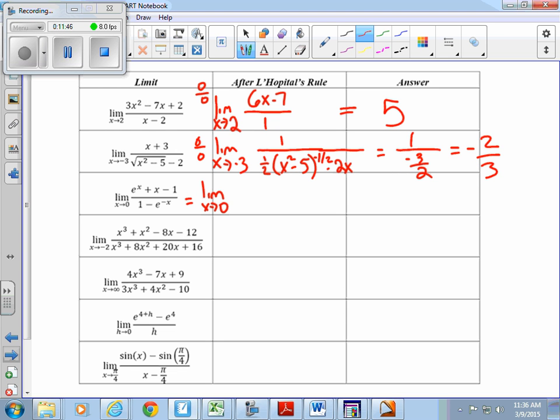Okay, on the top I get e to the x plus 1. On the bottom I get e to the negative x. Does everyone know where the negative went? Feel okay with that negative 1 on the bottom? Times the negative 1, the chain rule. Plug in 0, 1 plus 1 is 2.